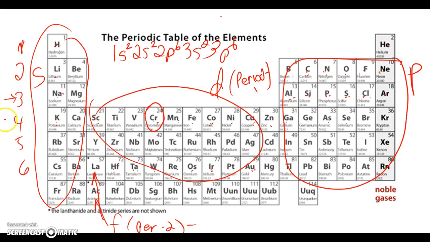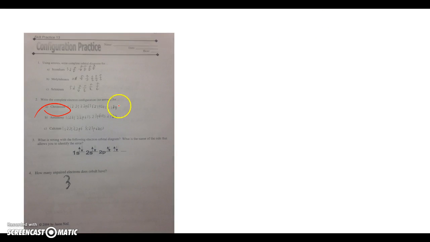All right, we're down to period 4. Here we go, 4s2. Okay, now we're into the D's, and the D's are the period -1. So that would be 3d, 1, 2, 3, 4. 3d4. If we look back at your sheet, that's what we have, 3d4.